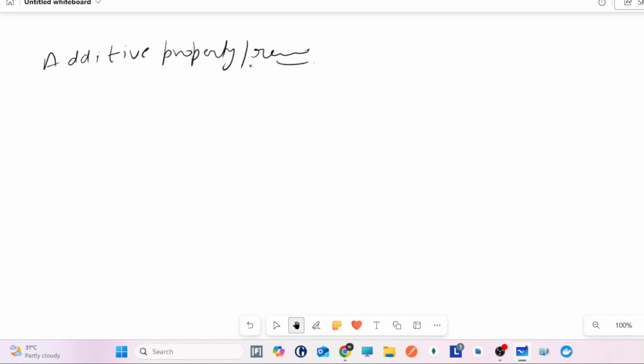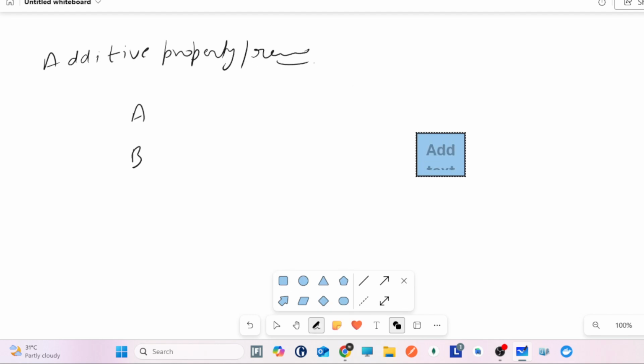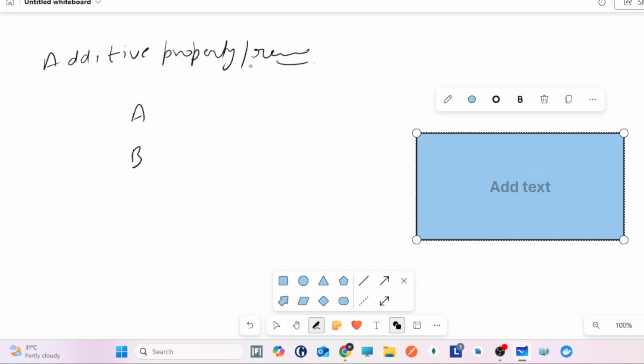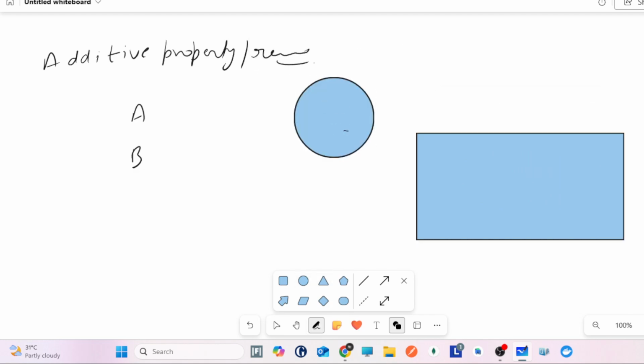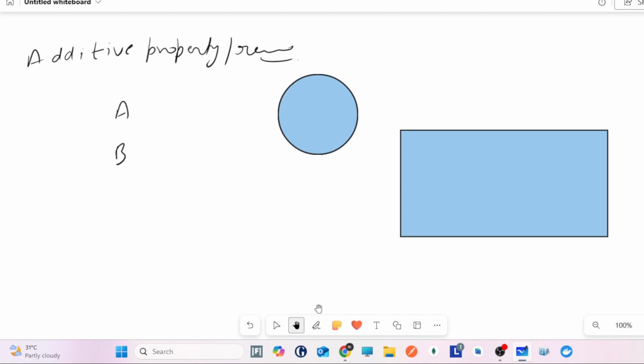by taking the knowledge of unions and intersections. So suppose we have two sample spaces, one is A, one is B. Or we can say that we have two events, right? So how can we draw these two events on a Venn diagram? Very simple. So let's use some shapes.